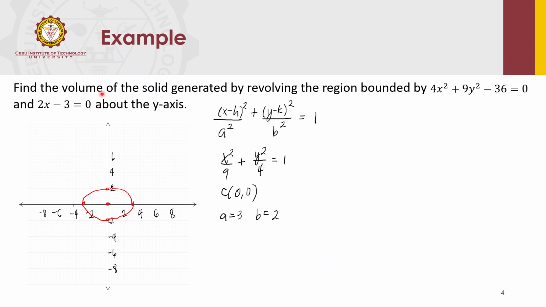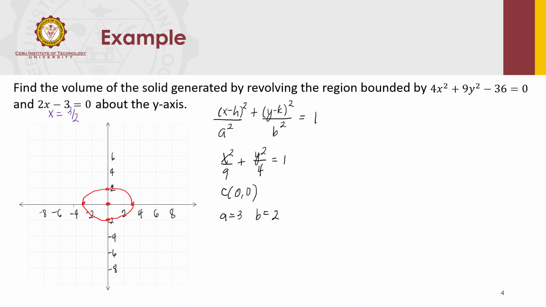limiting the area that we're going to rotate. This is a vertical line which passes through x equals 3 halves. So it passes through x equals 3 halves or 1.5 here.